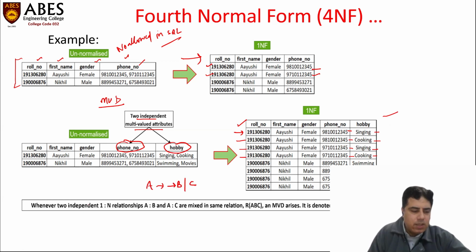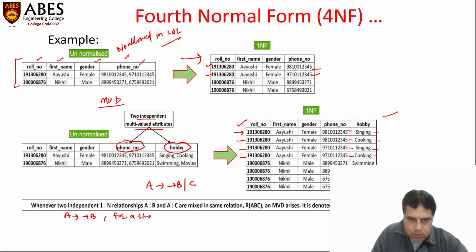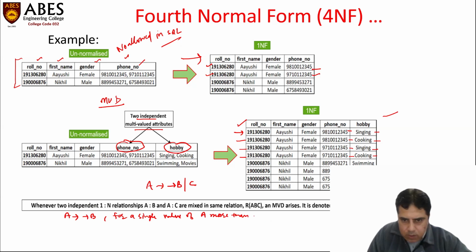Now there are three basic conditions for multi-valued dependency. First, A determines B: for a single value of A, more than one value of B exists.